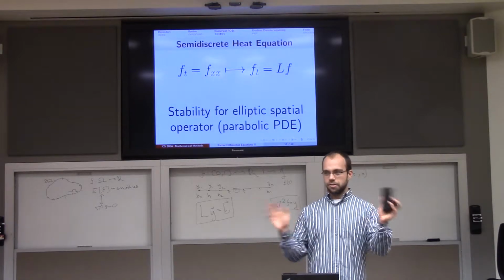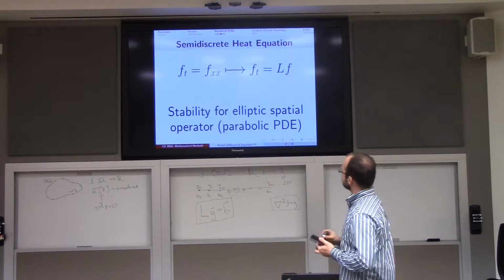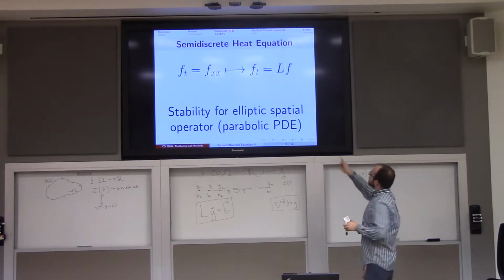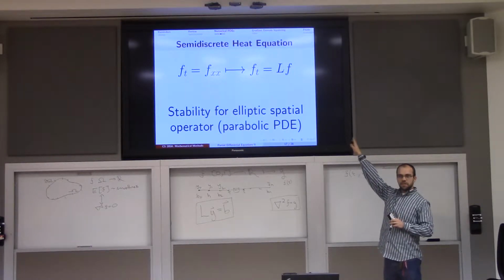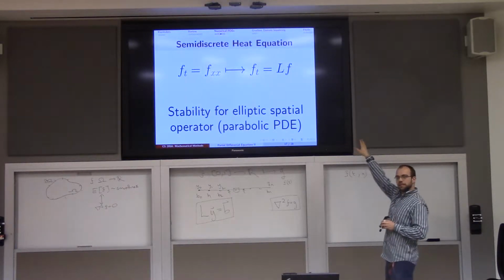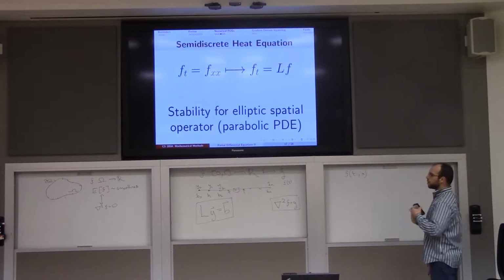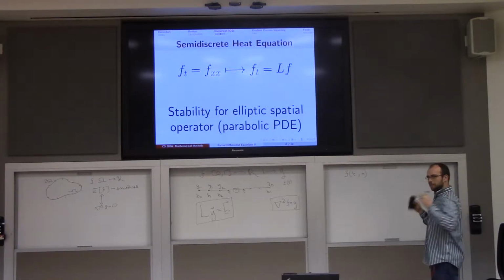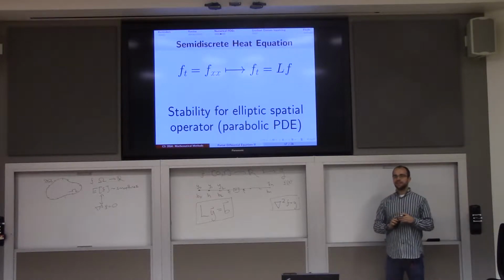But all the rest of the derivatives are kind of happy and elliptic, positive definite, whatever. Yeah? So we already showed that this matrix L is negative definite. Yeah? Nothing has changed. It's the same matrix. So in particular, that means it has all negative eigenvalues.